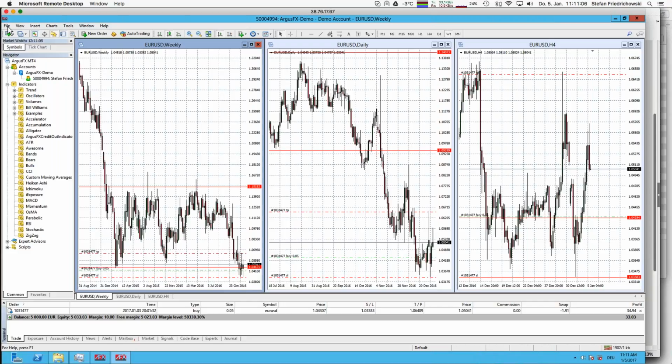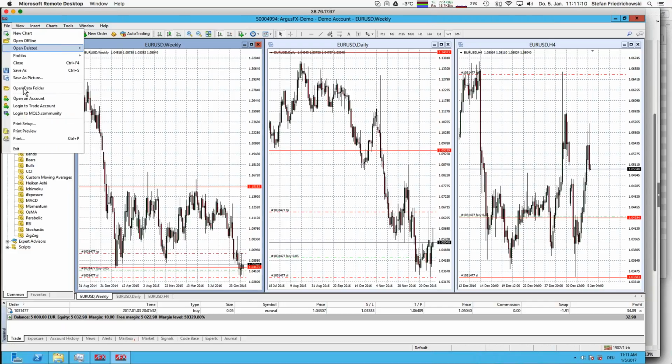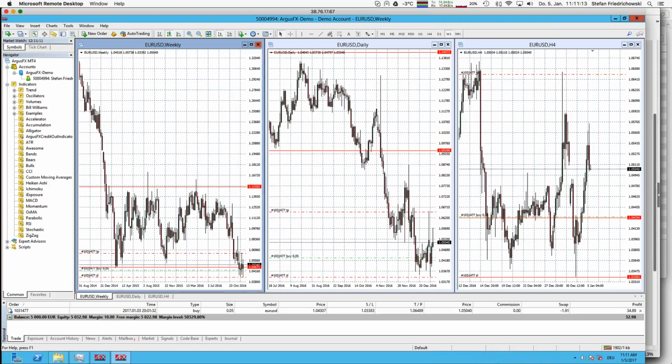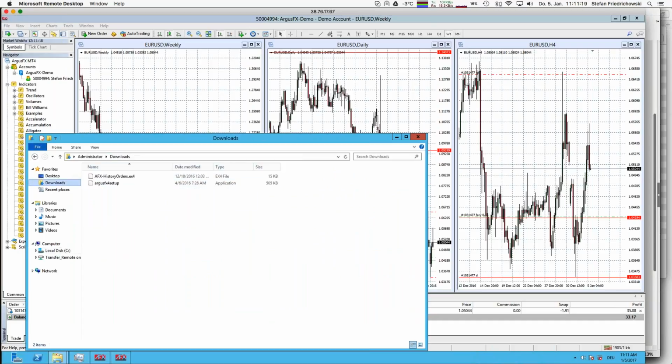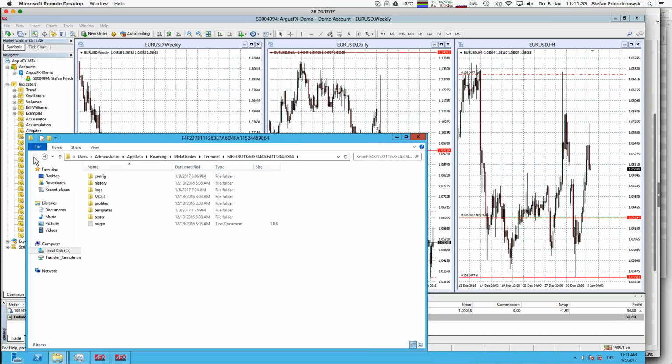The only thing you have to do is go in MT4, then go to Open Data folder, and then, assuming that your indicator is in the download folder or wherever that is, this is the name of the indicator, and you copy that file, and then you move back to the MT4 folders, and you see a list of different folders, and one is named MQL4, and that is a folder for all expert advisors, for indicators, and so on.